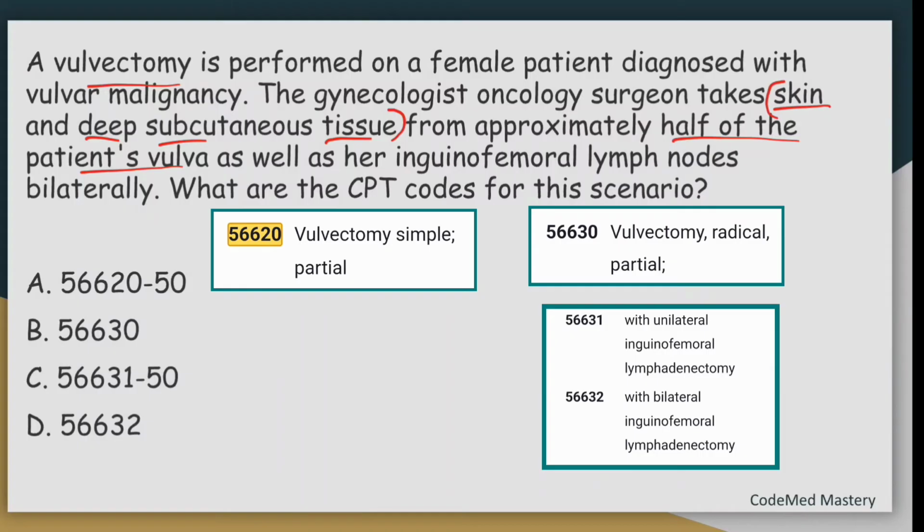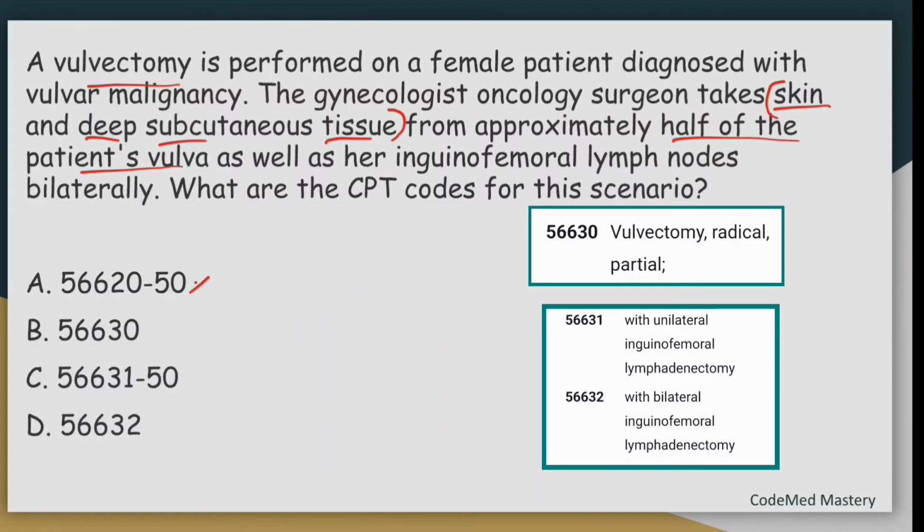We'll eliminate option A, 56620, because that is for vulvectomy simple. But in the scenario it is radical procedure. So eliminate option A. And option B, 56630, is for vulvectomy radical partial. That is correct. But in the scenario they have also mentioned surgeon takes skin and deep subcutaneous tissue from approximately half of the patient's vulva as well as her inguinofemoral lymph nodes bilaterally, which is mentioned in the code 56632 with bilateral inguinofemoral lymphadenectomy.